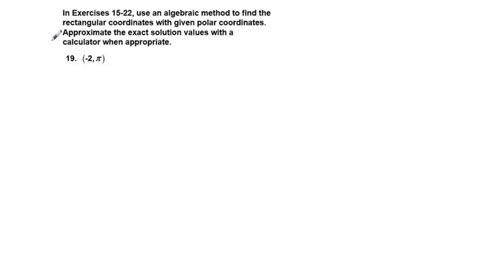Okay, next on our problem, same conditions, same directions, except we have this expression here. We have the polar coordinates negative 2 comma pi. And so we're going to have x equals r cosine theta, and then we have y equals r sine theta.